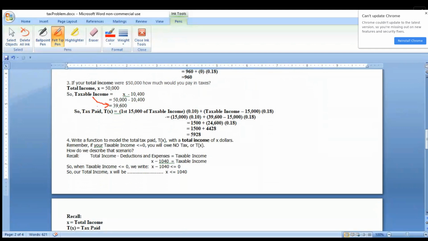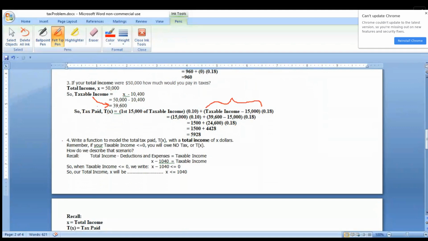But now we have to do the remaining amount times 18%. The remaining amount is 39,600 minus the 15,000 we already accounted for, which gives us 24,600. We multiply that by 18%, which gives us 4,428. We add the 2 together, giving a total of 5,928 as the tax we pay when we make a total income of 50,000.